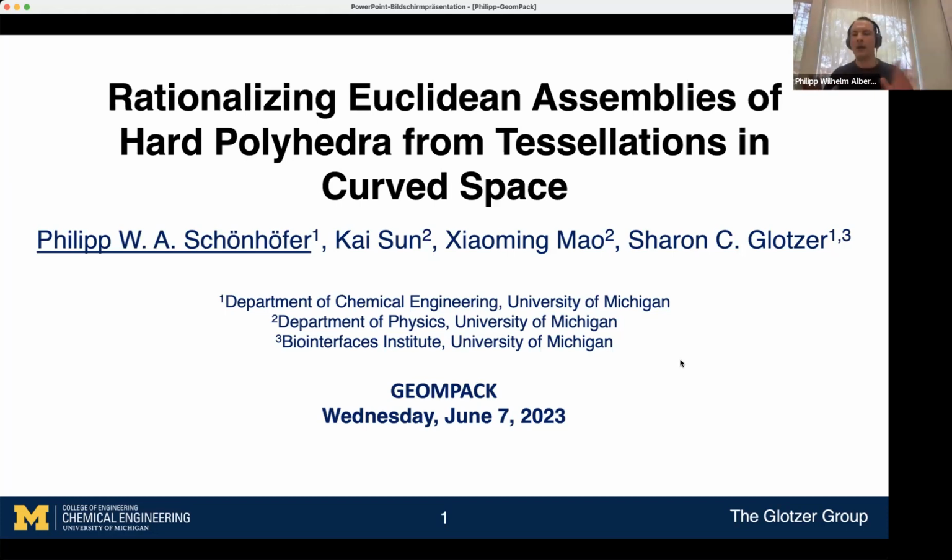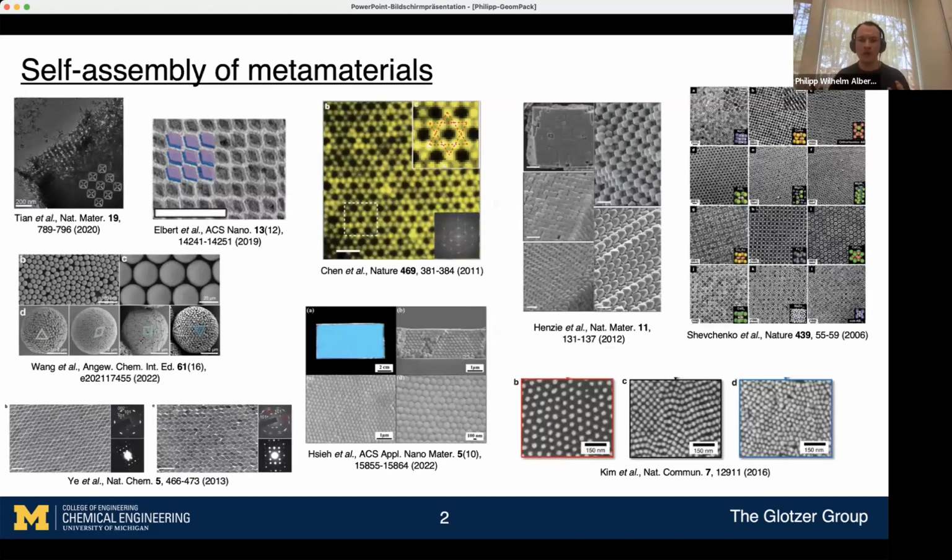I really want to remind all of you, even though I don't think this audience needs this reminder, that nowadays we can generate a lot of different structures based on self-assembly and specifically colloidal self-assembly, from very simple crystals to very complicated atomic crystals.